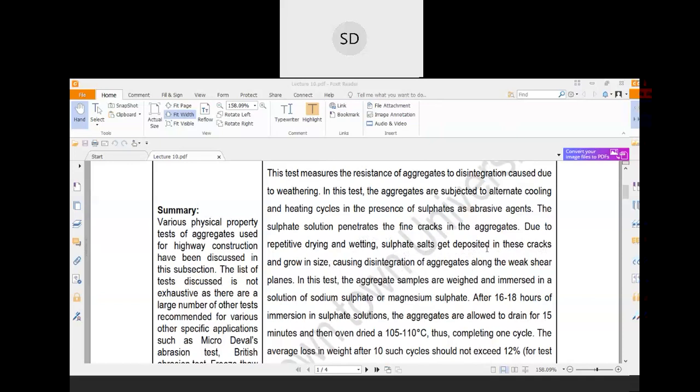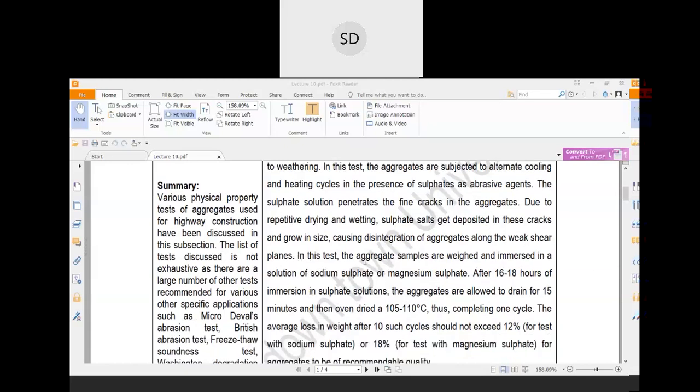So the sulfate solution penetrates the small cracks in the aggregate, and in the heating and cooling application the sulfate salt is deposited there and easily degenerates or breaks the aggregate particles.